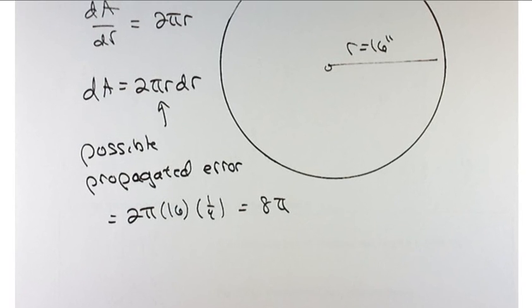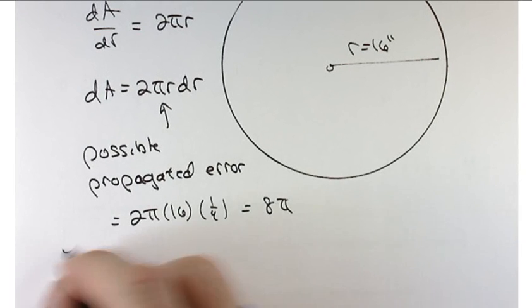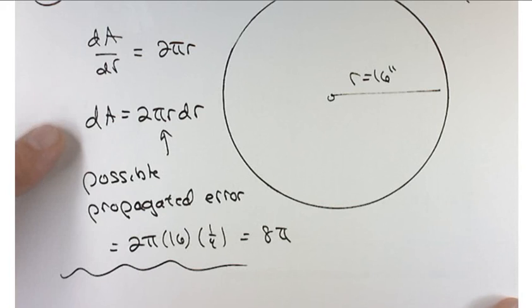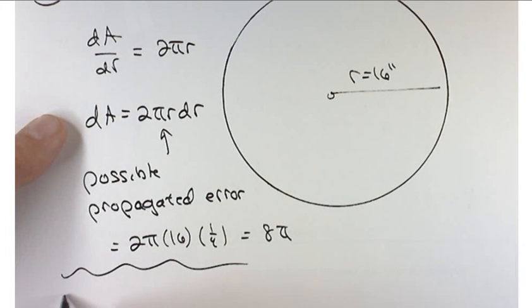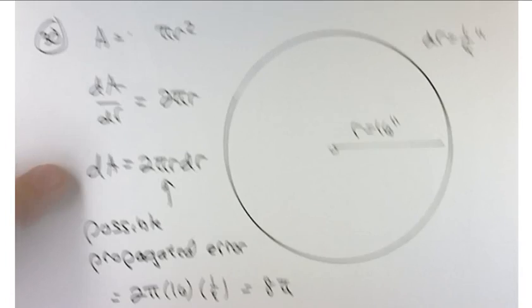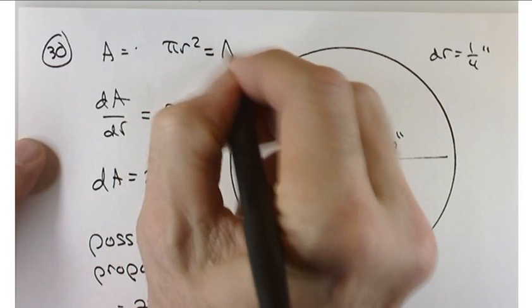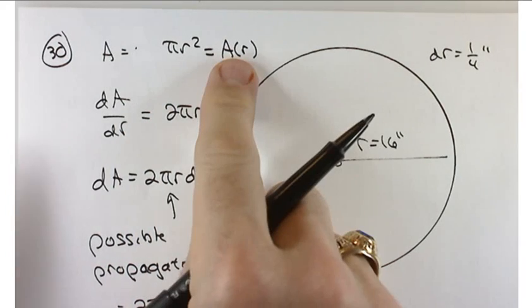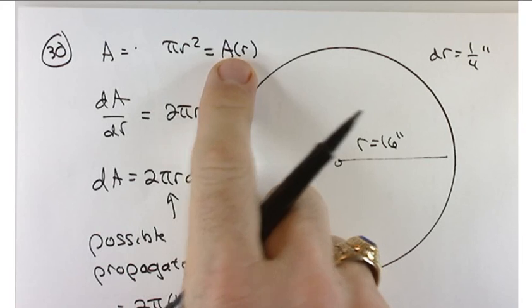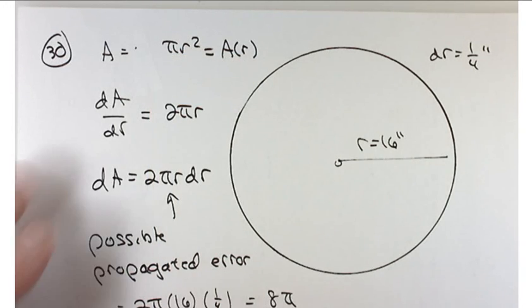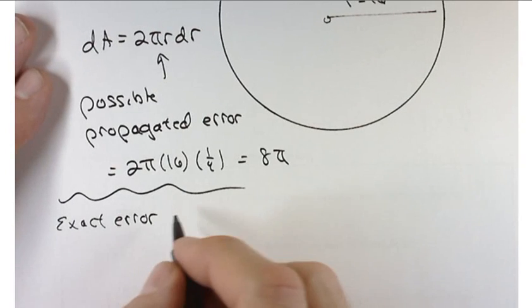Let's see if we can't figure out the exact error. Now, the possible propagated error just comes from the differential. The exact error, let me rewrite this way. Let's call this A of r. So the area depending on the radius. So the exact error is going to come from this.